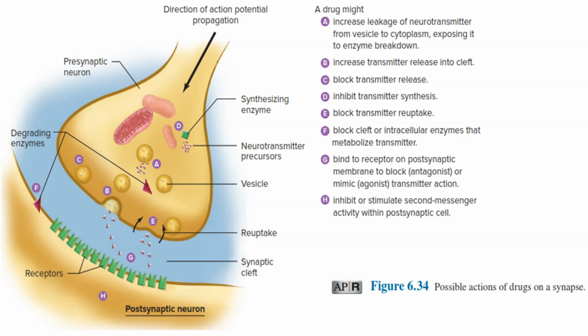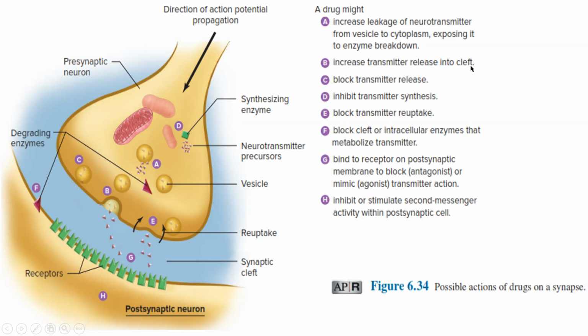So drugs you are using to change the synaptic activity may have different types of action. Like number one, a drug might increase leakage of neurotransmitter from the vesicle to the cytoplasm, exposing it to enzyme breakdown, right? Then if it is getting broken down, what will happen? There is no release, no action. Increase transmitter release into the cleft.